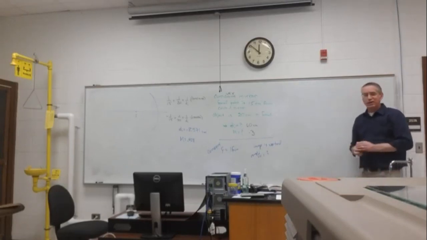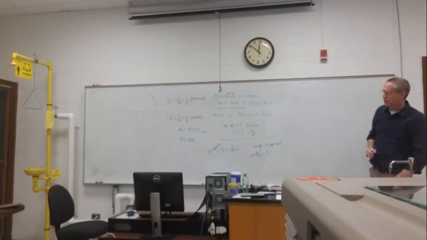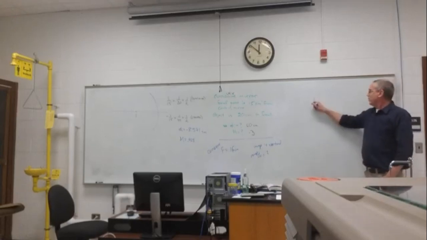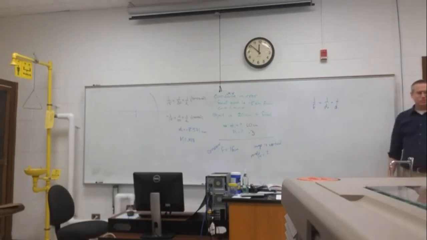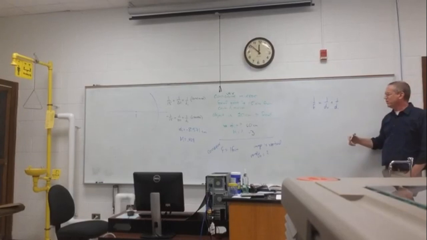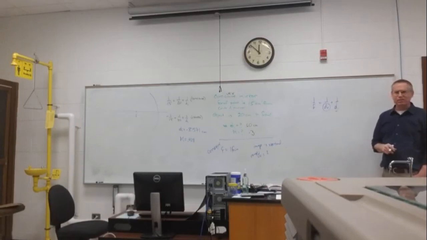All right. Why don't I push this through considering the time? So 1 over the focal length is equal to 1 over the object distance plus 1 over the image distance. Ultimately I'm trying to figure out DO so that the image distance is negative.